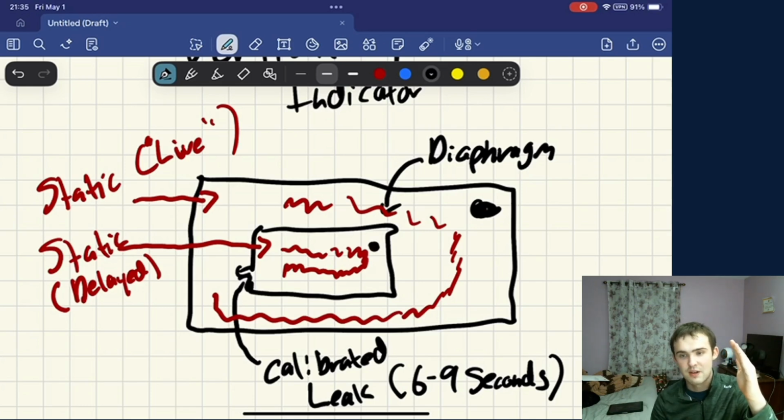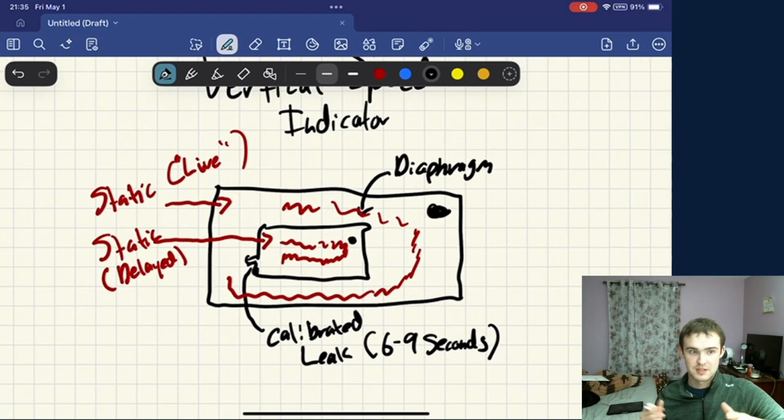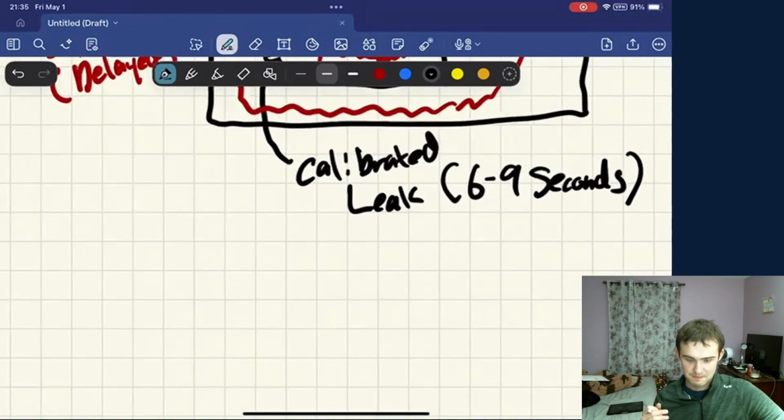Going to cause the diaphragm to contract, going to show that we're going to climb. Vice versa, if we're descending, the air on the inside of the diaphragm is going to be a higher pressure than the air on the outside, causing it to expand, going to show that we're descending. That's like literally the most complex part of the pitot-static system, is the VSI, in my opinion.